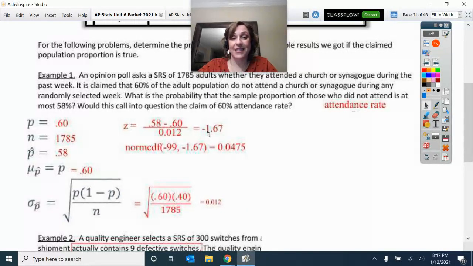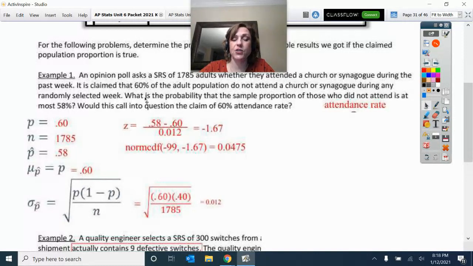So what do you have to say about that? Is that an unusual sample? Hopefully you can say to yourself, no, it's not, because it's not even more than two standard deviations away from the claimed amount. So that could be happening just because of sampling variability and the sample that I happened to get.